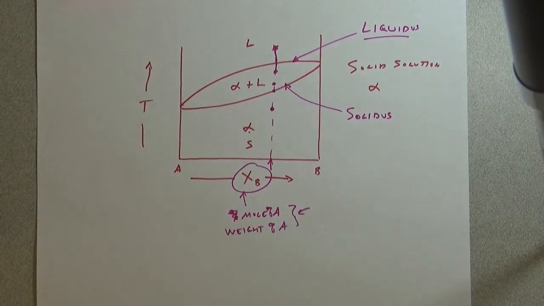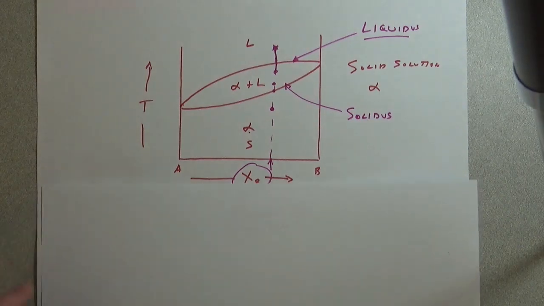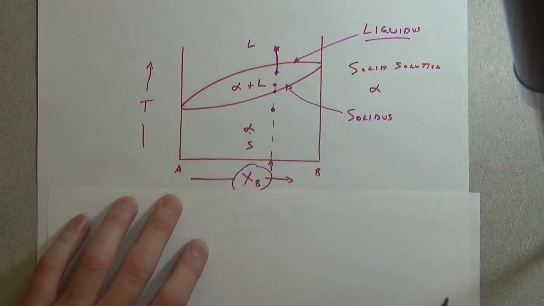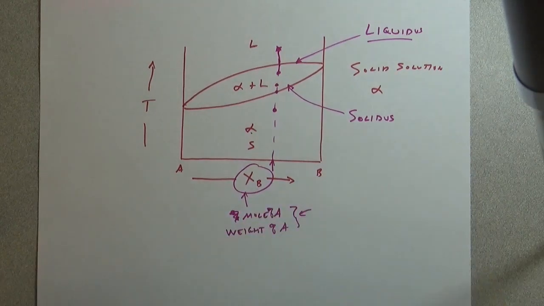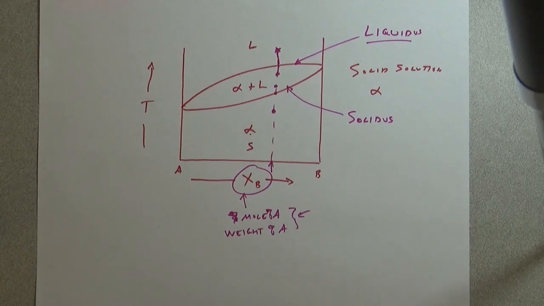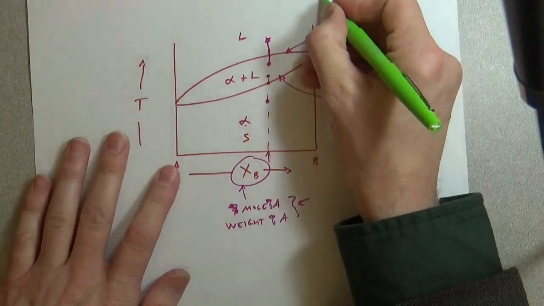But now we want to talk about how to read quantitatively from this, and in particular we want to be able to determine the composition of the phases and the amount of each phase. Is green visible here?